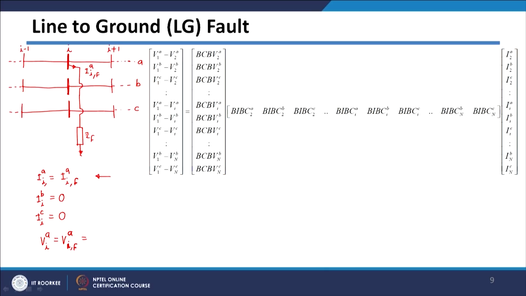Because of the fault impedance, the voltage at this point will be equal to ZF multiplied by the fault current in phase A of the ith bus. So this will be your post fault voltage at bus I, A phase.